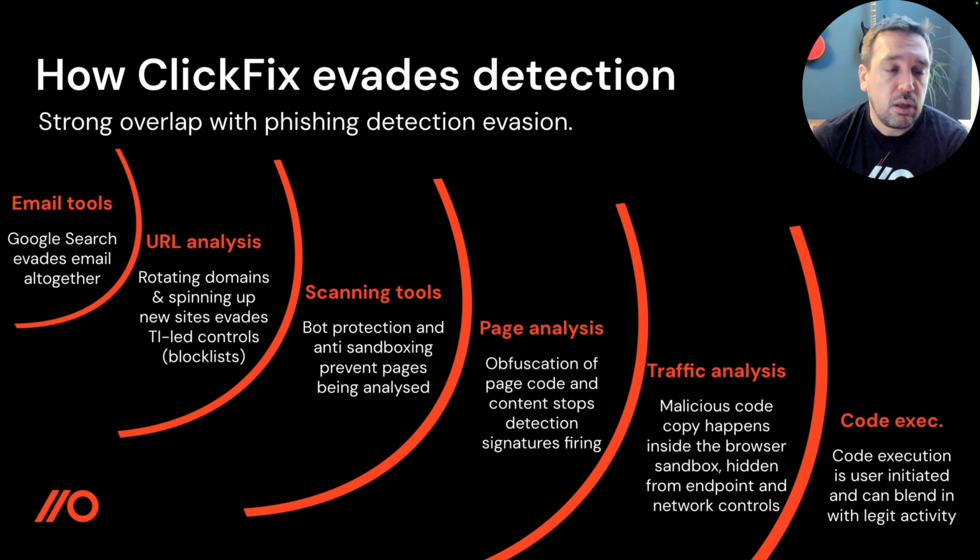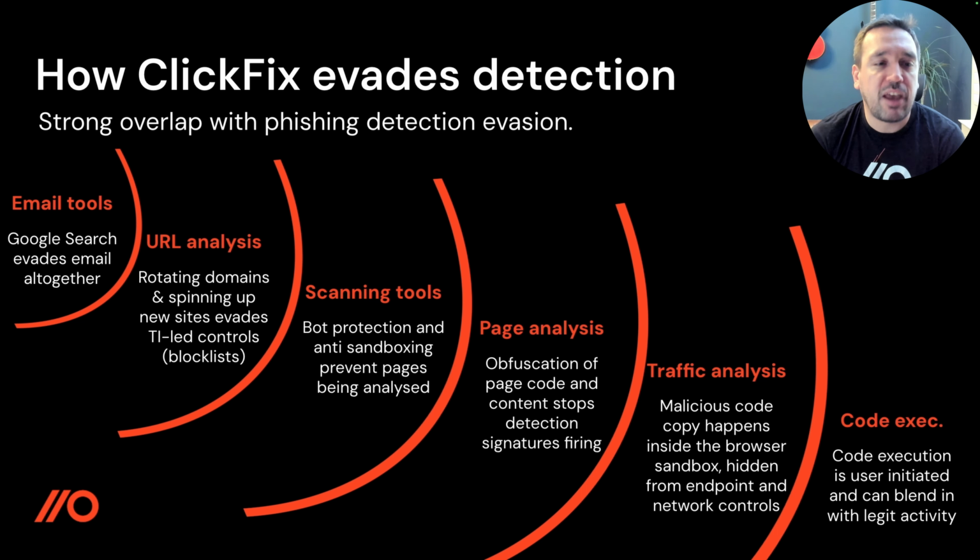But email has still generally been the most common; we've just seen a move away from it being completely ubiquitous. Whereas with ClickFix, we're seeing heavy use of Google search, which evades email altogether and many other controls. And we're seeing that be the prevalent majority delivery vector in many cases too. So it's almost like it jumped ahead in time. That's one real key detection evasion aspect.